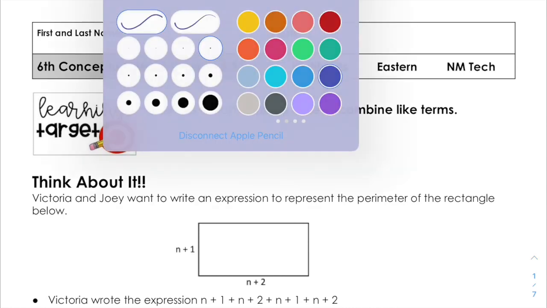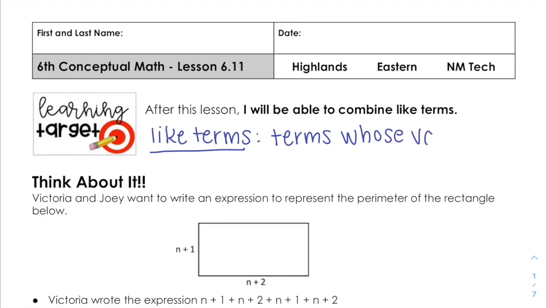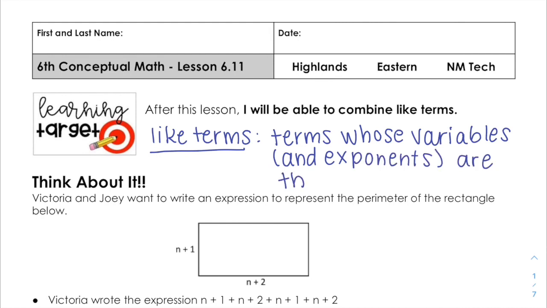So the first thing I want to do is define like terms. Like terms are terms whose variables and exponents are the same.